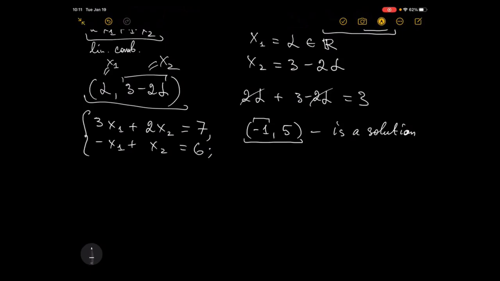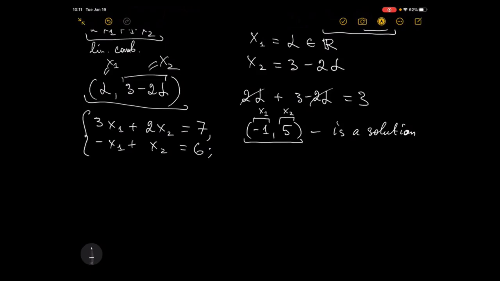The first number is supposed to be substituted instead of x1, and this number is supposed to be substituted instead of x2. You will have homework problems like that, where you need to substitute x1 and x2 and check that it really is a solution.